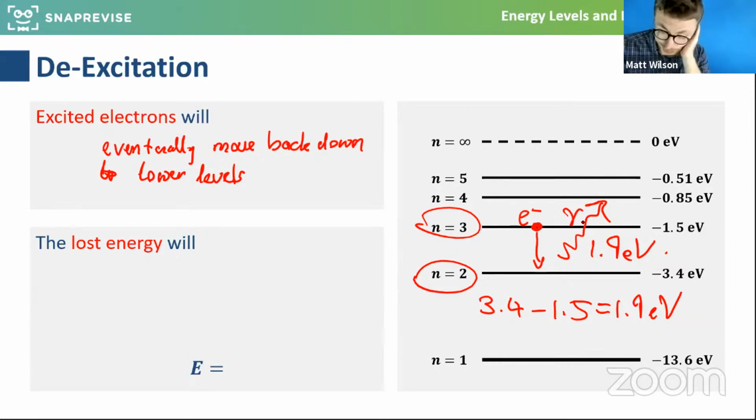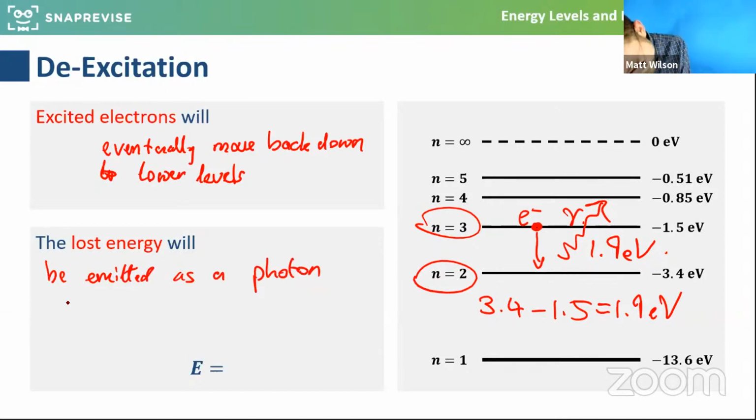And sometimes we're not interested in the energy that was emitted. Remember, we were interested in these absorption spectra, and it's often more natural to think about colors of light in terms of frequencies. So we want a way to convert between frequencies and energies. So this lost energy, which will be emitted as a photon, corresponds to a particular frequency.